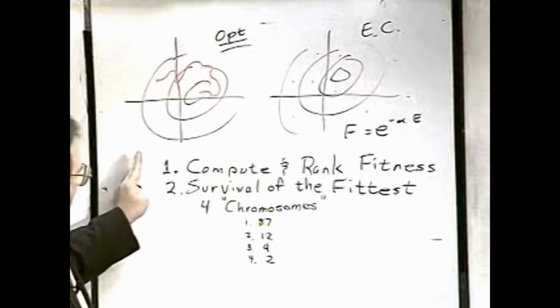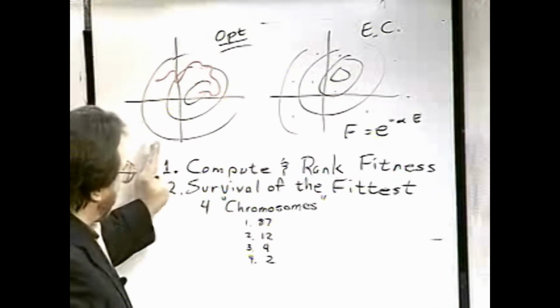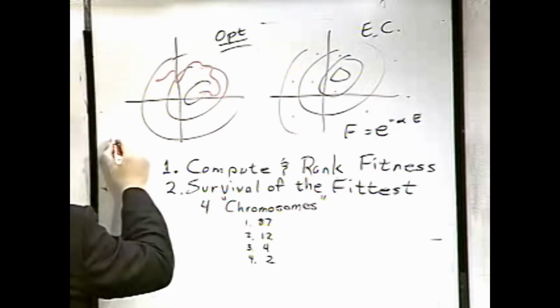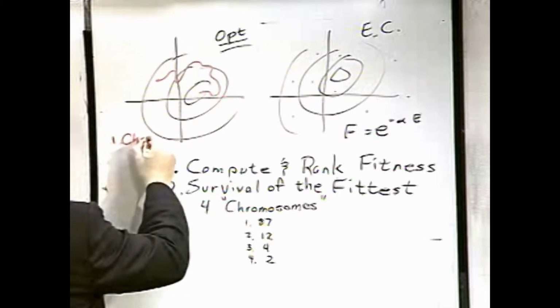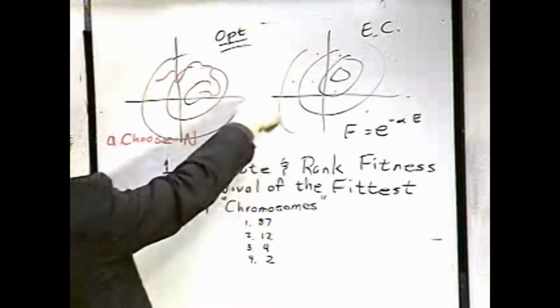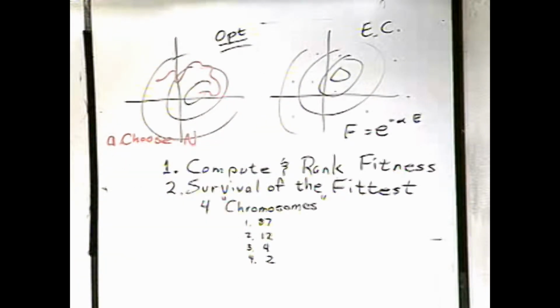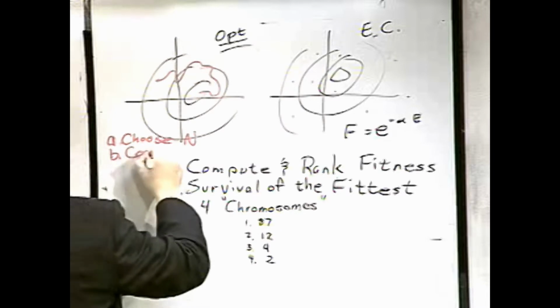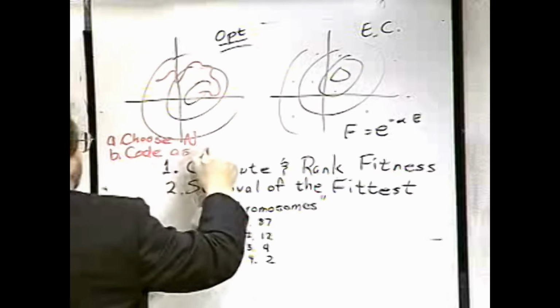Well, inherent in the actual running of this, we do have some preliminary things we should mention. Number 1 is that we need to choose the number of chromosomes that we have. And secondly, for genetic algorithms, we code these as 0s and 1s.